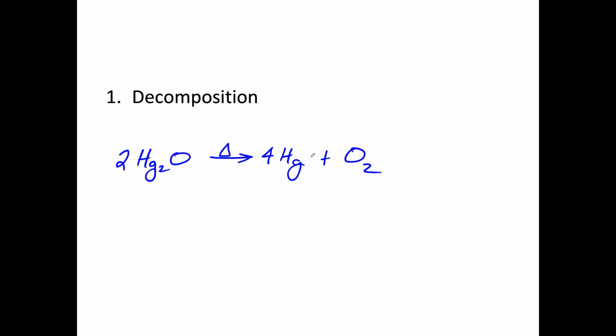Unfortunately, this is kind of dangerous and nobody wants to deal with it, so we don't do this reaction anymore. But this is decomposition, where A goes to B plus C. And all of these reactions, for the most part, go from left to right. They go to completion.